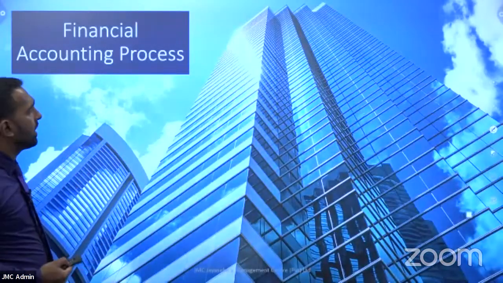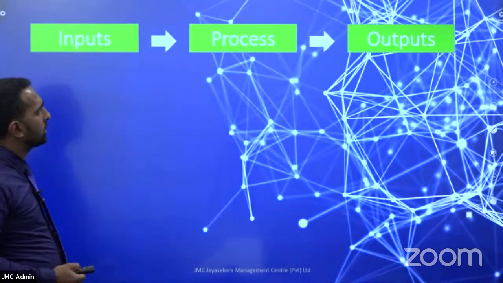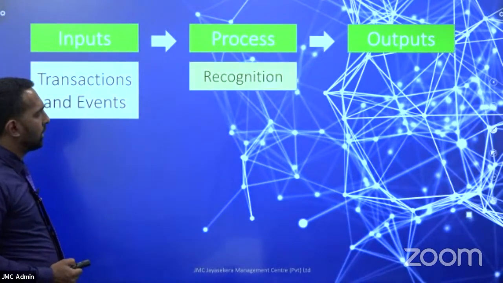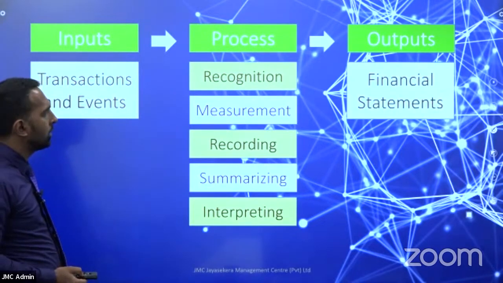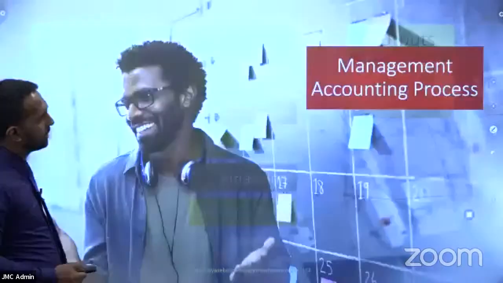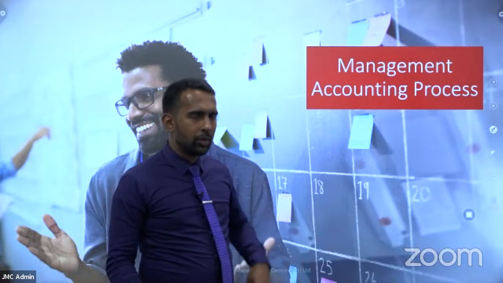The financial accounting process is given to you: inputs, process and output. Transactions and events, recognition, measurement, recording, summarizing, interpreting, financial statements. Management accounting has a similar process with the same input, process and output. I'm not going to focus much on that area because we have to learn it in grade 13.